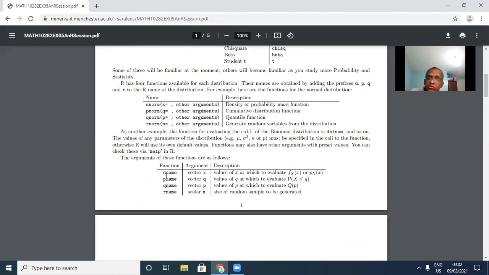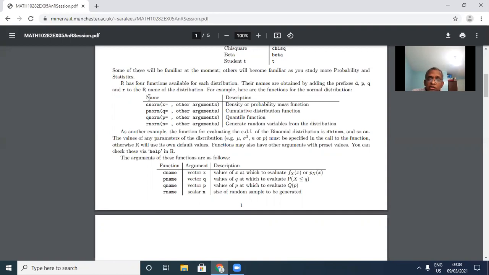If you have a distribution given by the name, so it could be norm, it could be unif, it could be pois or anything, dname will compute the density function. So if it is discrete, it will compute the probability mass function. Pname will compute the CDF. Qname will compute the quantile, and rname will compute the random numbers associated with the distribution.